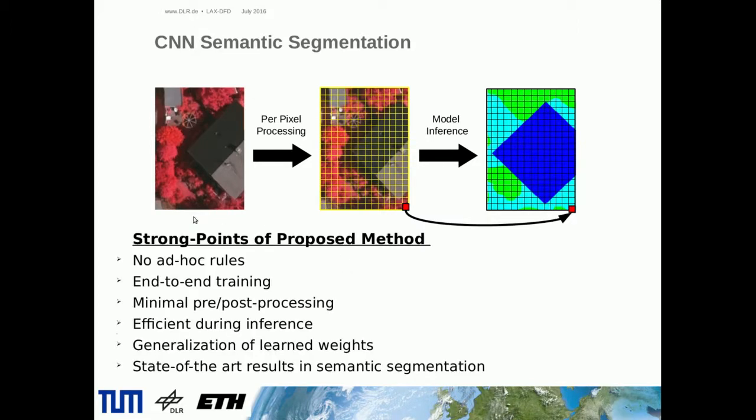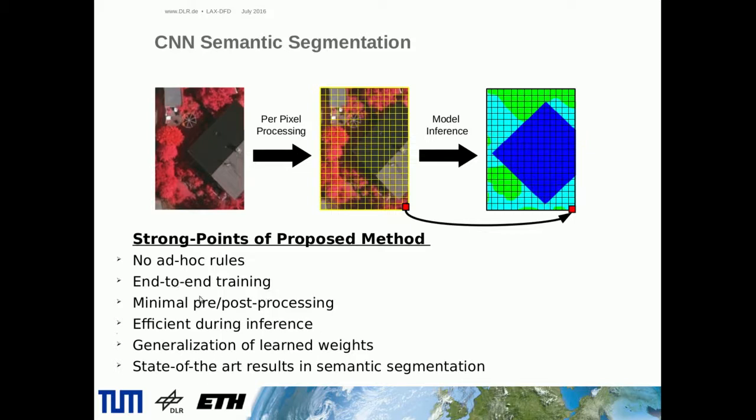So the CNN method has some strong points. It doesn't have ad hoc rules, so there are no general assumptions. It's an end-to-end training system, so from the moment we start using the CNN, we generally have minimal interaction with the system. We allow the classifier to build the features and classify them itself.